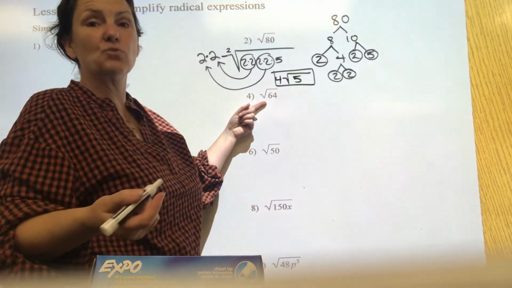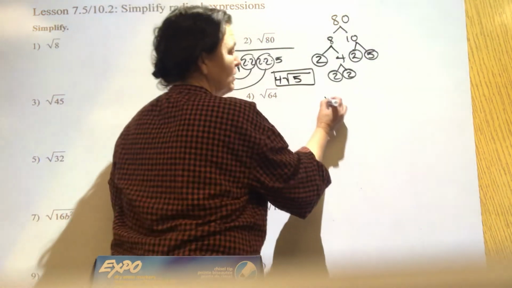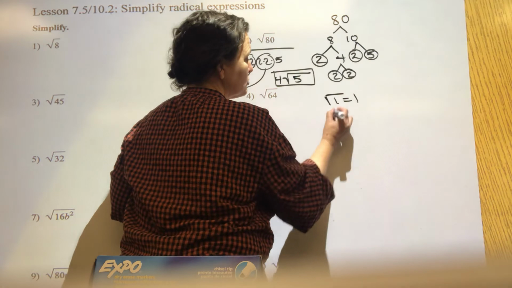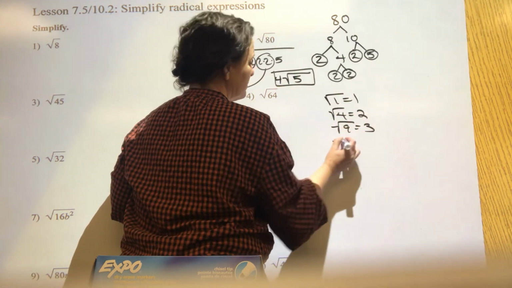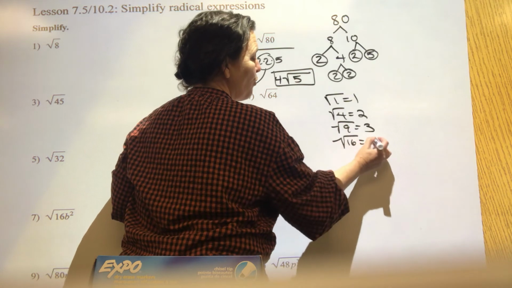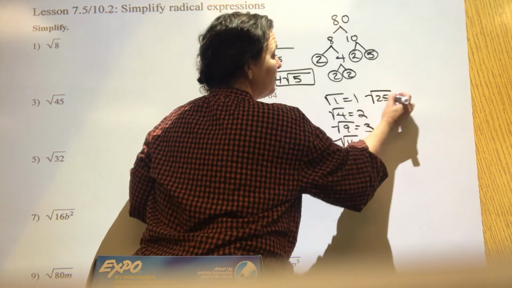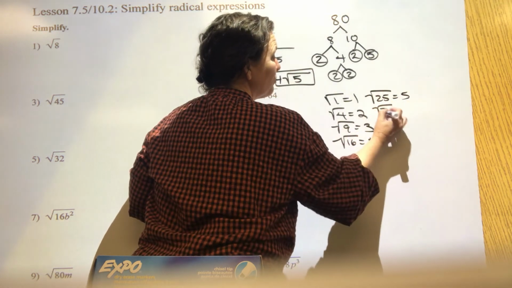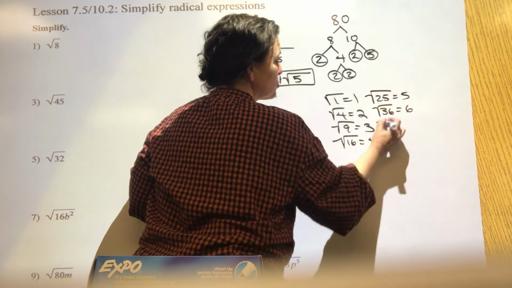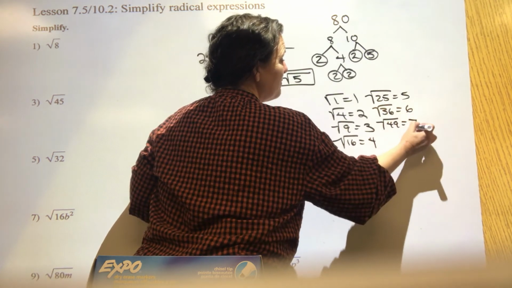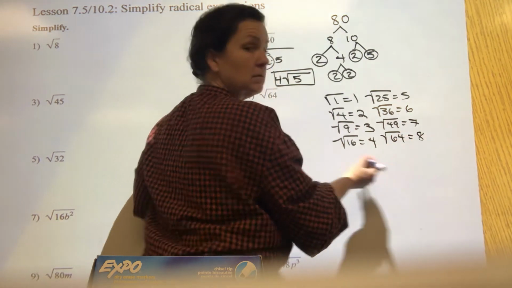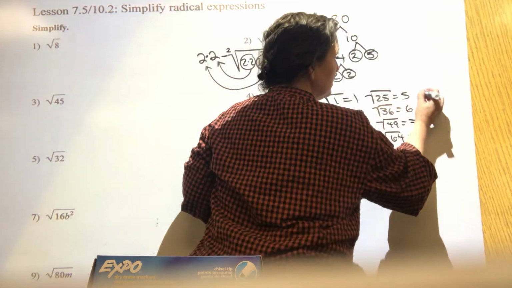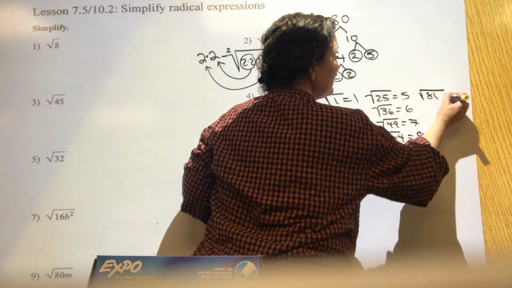I know this one because it's a perfect square. We have a lot of perfect squares that we should have memorized, like the square root of 1 is 1, the square root of 4 is 2, the square root of 9 is 3, the square root of 16 is 4, the square root of 25 is 5, the square root of 36 is 6, the square root of 49 is 7, the square root of 64 is 8. The square root of 81 is 9.